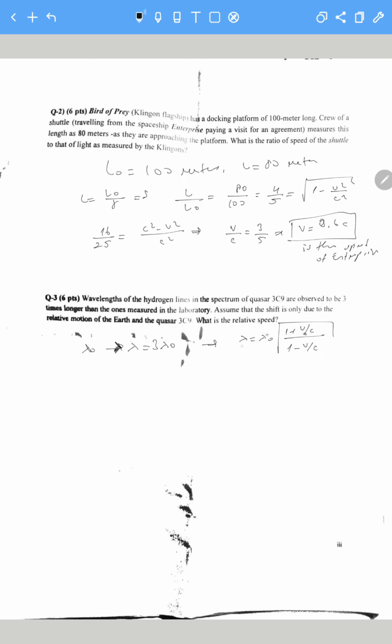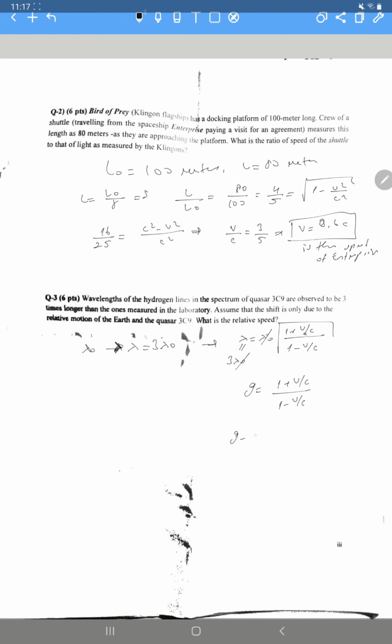We just write down the formula as it was in your books. Now here we stick in this given information from the question, then find 9 equals (1 plus v over c) over (1 minus v over c). Then we just do the job. Plus v over c.